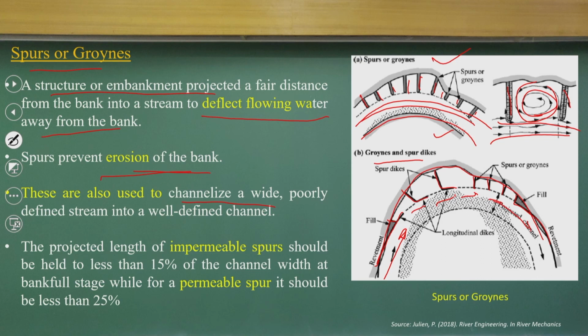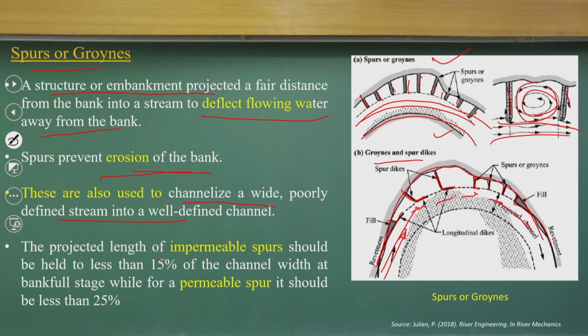So, this series of spur layouts with different size and shape, we can put in. The basic idea is to deflect the main streamlines away from the erodible bank. The basic idea is to channelize the wide, poorly defined stream into well defined channels.